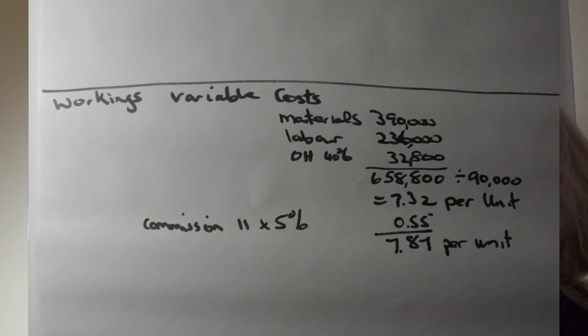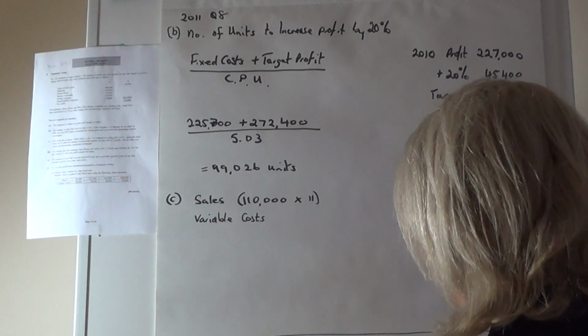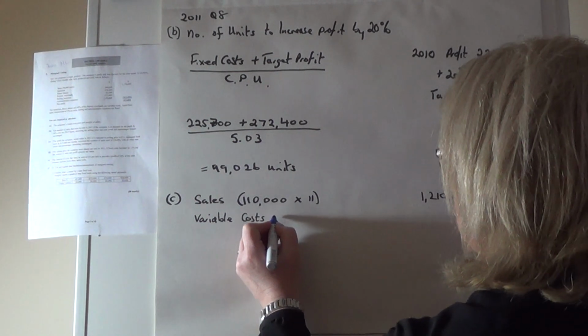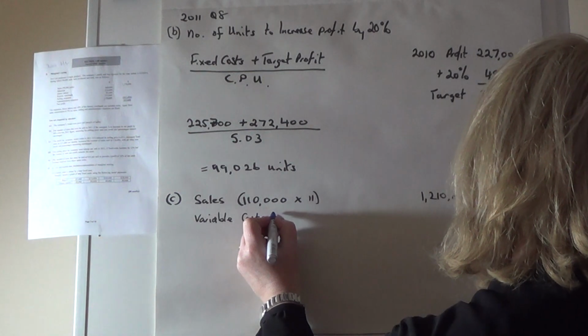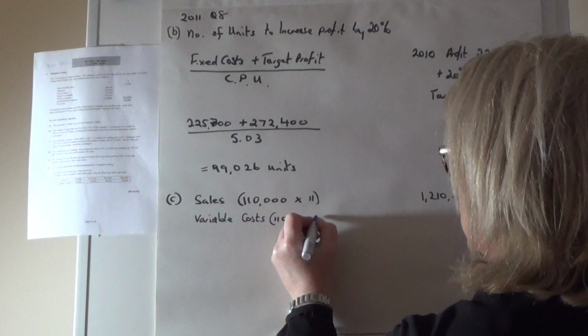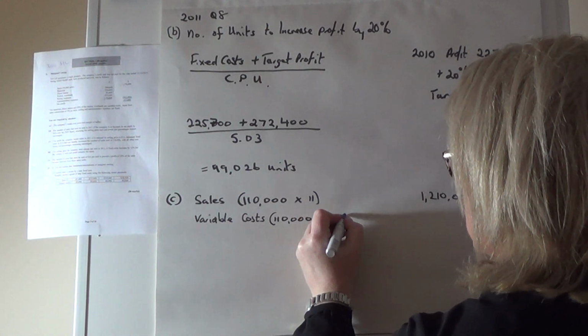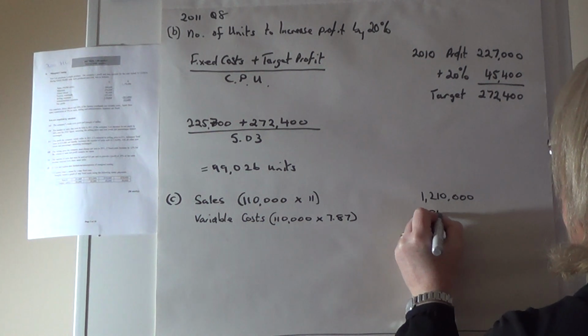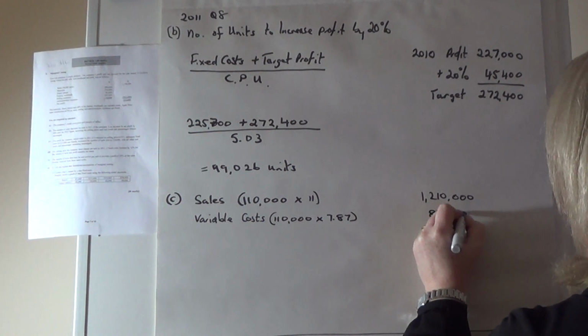So in other words, our total variable cost per unit is 7.87. So variable costs at 7.87 for 110,000 units works out at 865,700.